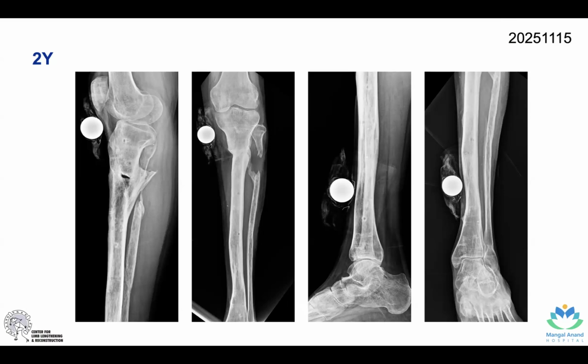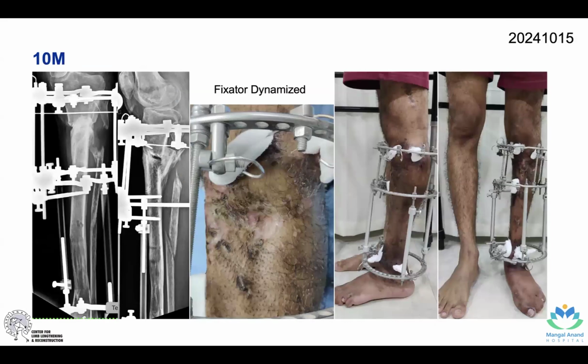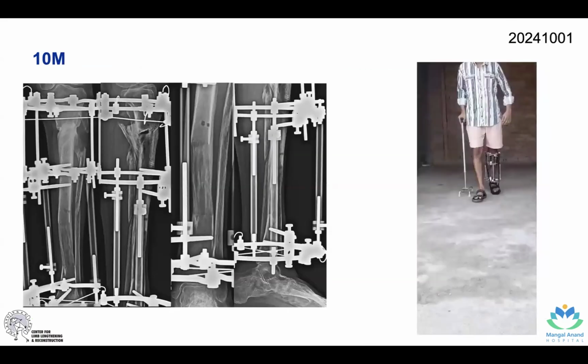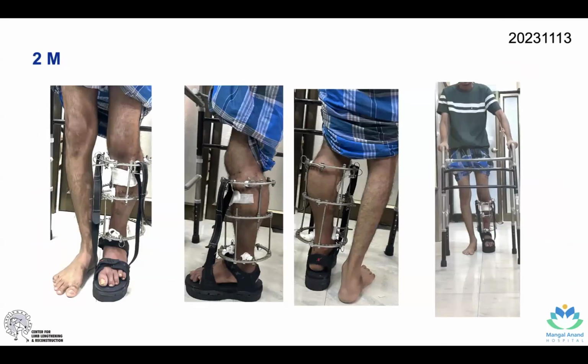Just go back to show the frame, Prabhu. So we have two in this frame. That's all. We usually have three wires and two pins.